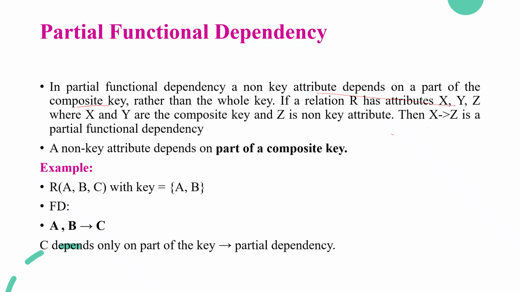If z depends on both x and y, then that is your fully dependent. So here Z depends only on X, not on Y. So it is a part of the composite key. It is depending only on a part of a composite key, only on X. So that is called a partial functional dependency. Understood?